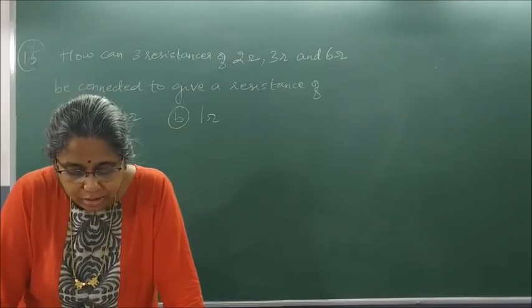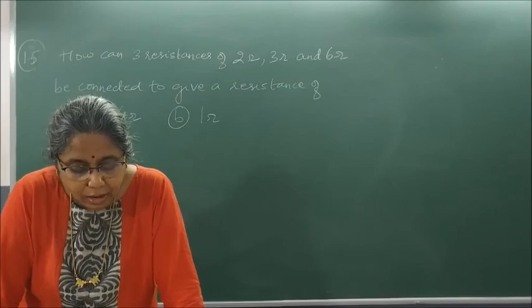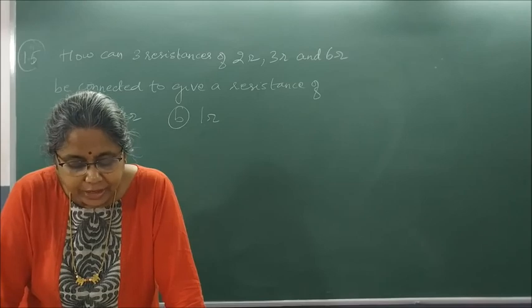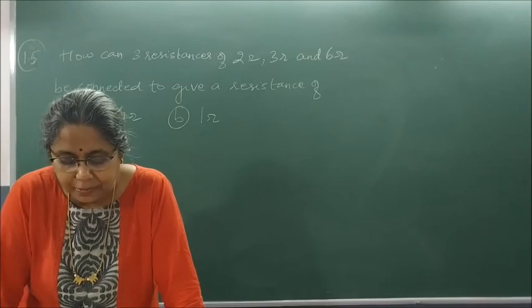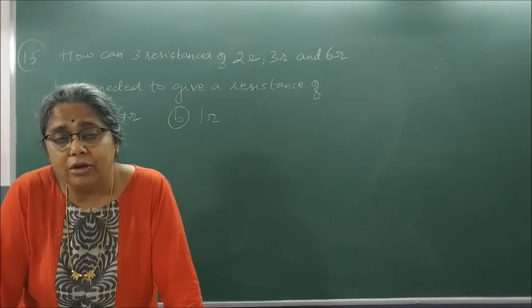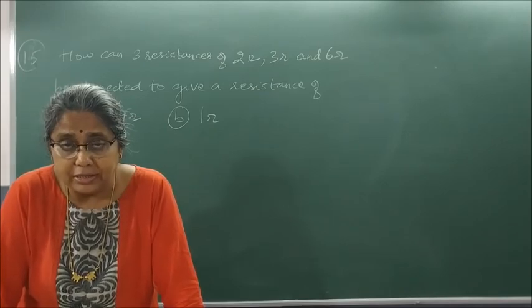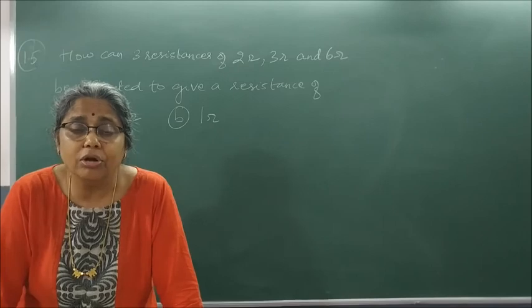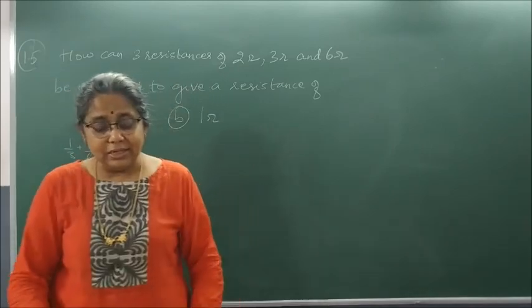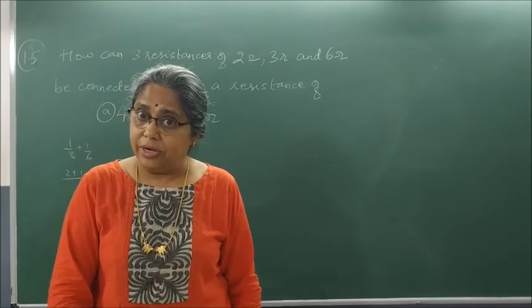So we use tungsten. Why are conductors of electric heating devices such as bread toasters and electric irons made up of an alloy rather than pure metal? The resistivity of an alloy is more than that of a metal and hence they do not oxidize at high temperatures. I think this is there in the notes also.